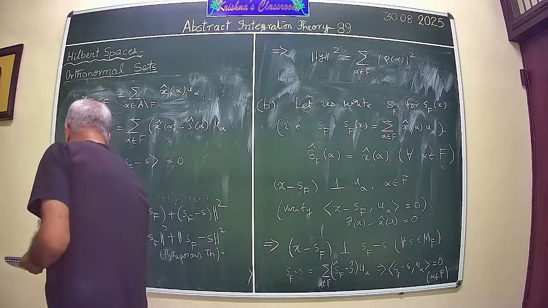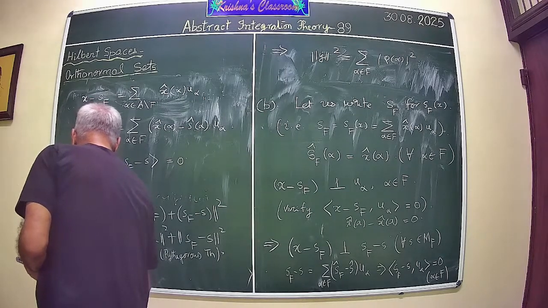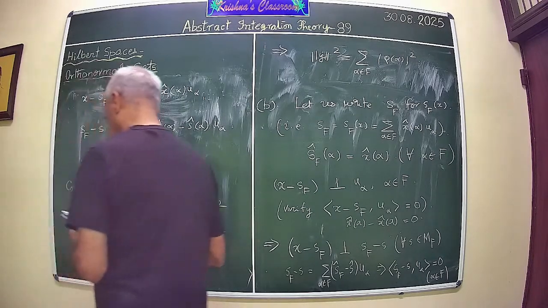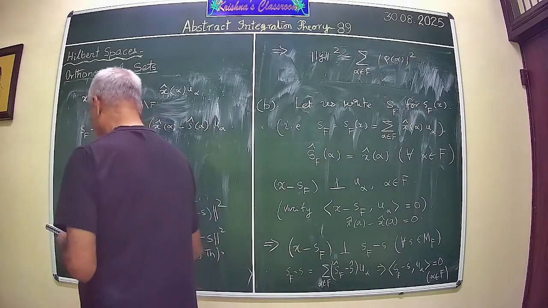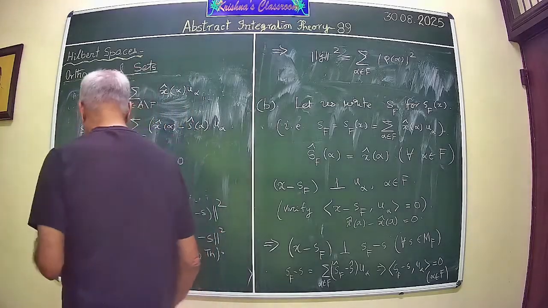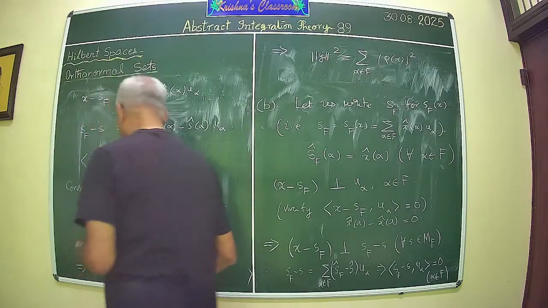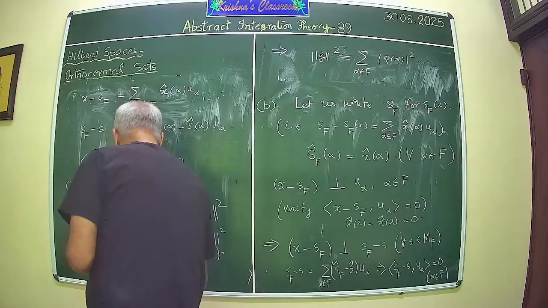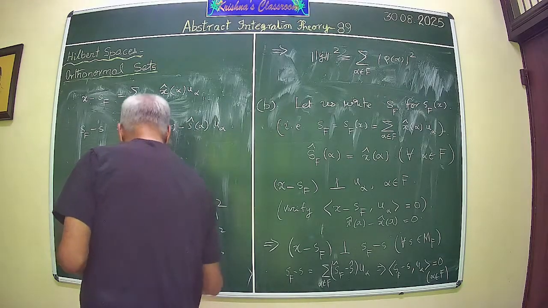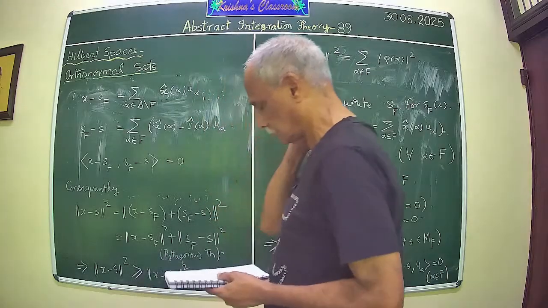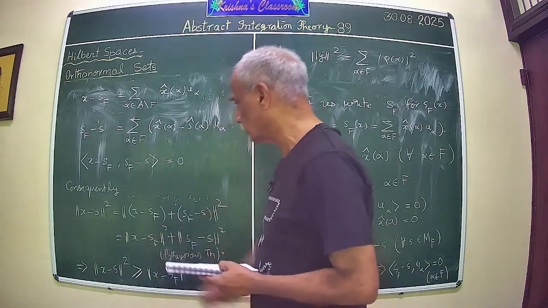which then implies norm of x minus s whole square is greater than or equal to norm of square. Okay, because if you drop this, then this is what you get.